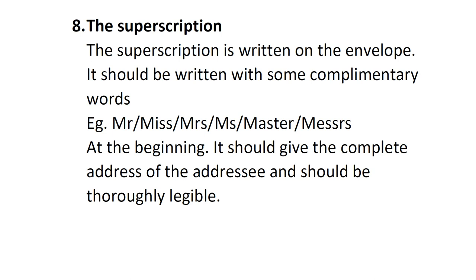Miss is someone who is not married. Mrs. is someone who is married. Ms. is for a lady who may be married or not married and you are not sure, or maybe she doesn't want to show that she's married. That's when you write Ms.